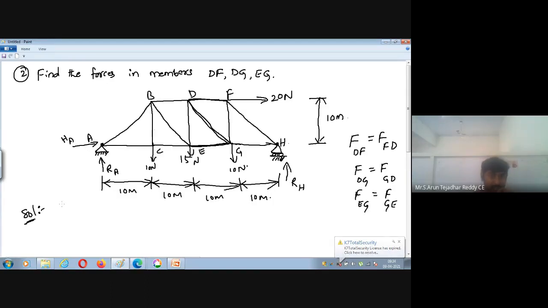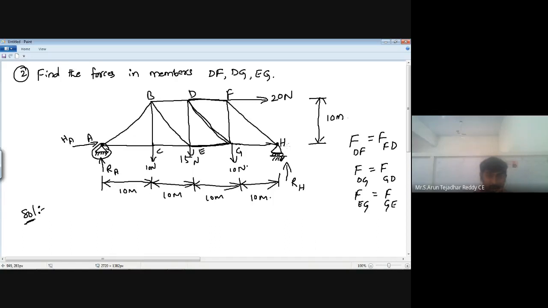Actually, while solving, you need to draw the diagram once again, and in place of the supports just show the vertical and horizontal directions. But we don't have much time, that's why I mentioned it in the problem only. But you draw the diagram once again. Remove these 2 supports in the solving, just to mention horizontal and vertical. Here only vertical.